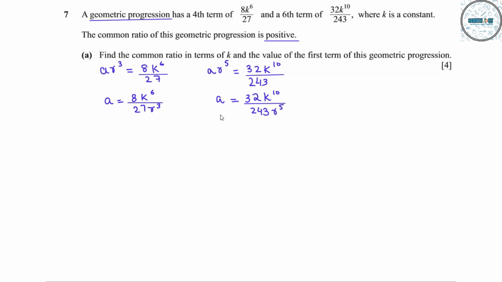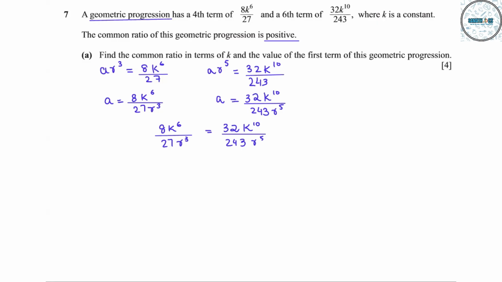We can equate both the values of a. So 8k power 6 divided by 27 r cube is equal to 32k power 10 divided by 243 r power 5.